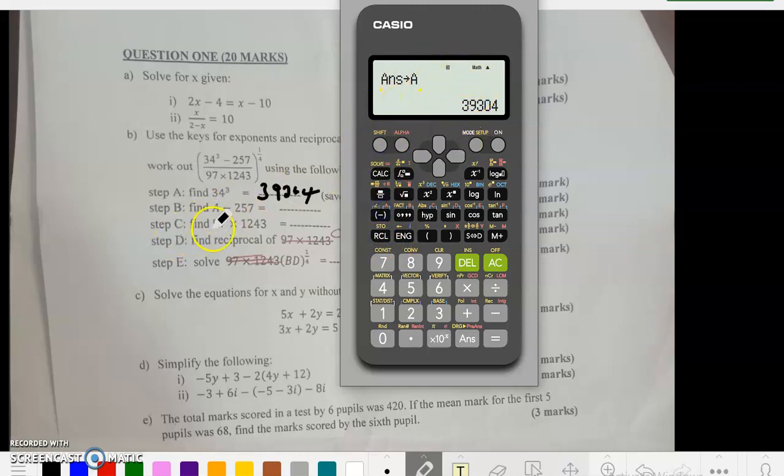To find B, press AC, the orange button, and now find A minus 257. So you recall A minus 257.